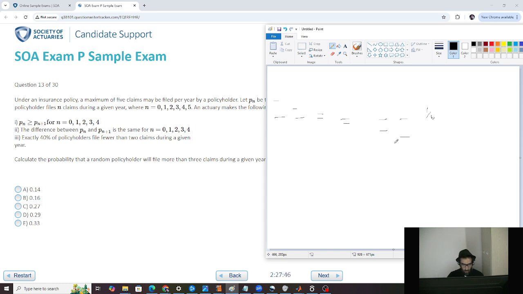What does it want? It wants probability of filing more than 3 claims. So we know the answer's got to be some amount less than a third. Okay, fine. And we know that 40% file here.